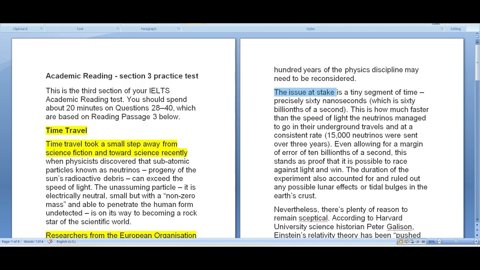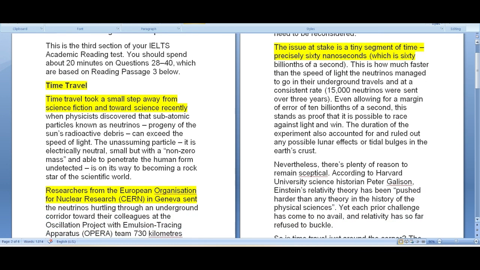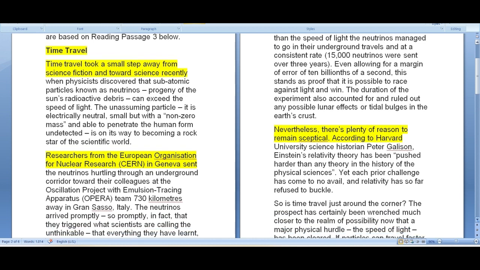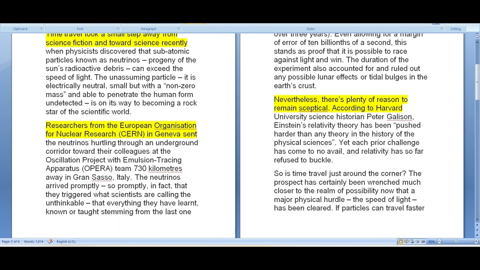The issue at stake is a tiny segment of time, precisely 60 nanoseconds, which is 60, up until here. Moving on. Nevertheless, there's plenty of reason to remain skeptical, according to Harvard, up until here. Moving on. So, is time travel just around the corner? The prospect has certainly been reached much, up until here.